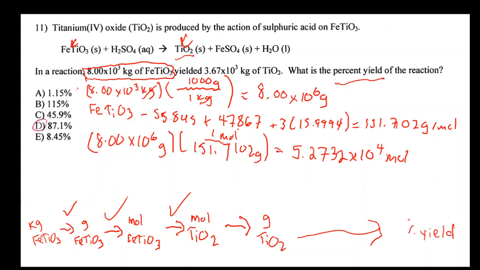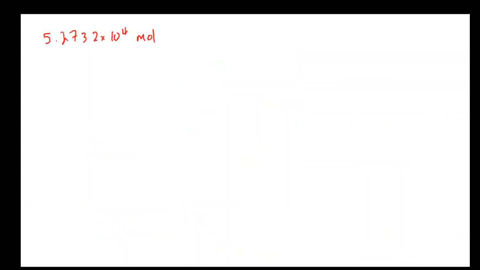So they give us the actual yield, and the percent yield is the actual yield over the theoretical yield. So we're finding the theoretical yield right now. And then once we know the theoretical yield, which in this roadmap is the grams of TiO2, that gives us the percent yield. Okay. Perfect. I was missing a step there. Thanks, Richard.